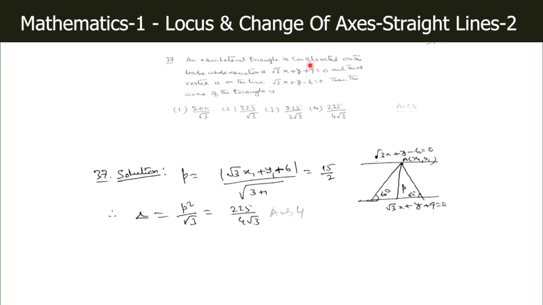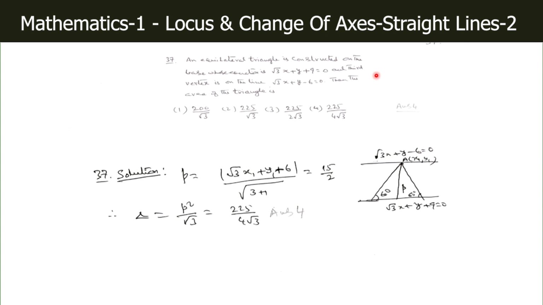An equilateral triangle is constructed on the base whose equation is root 3x plus y plus 9 equal to 0, see the figure. And the third vertex is on the line root 3x plus y minus 6 equal to 0.